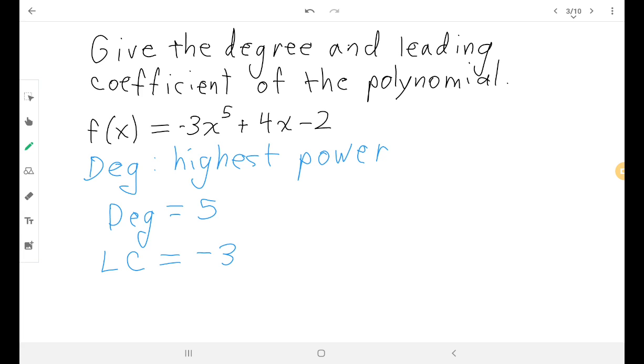Okay? One thing that you should be careful of, a note here, that you need to be cautious about, is that negative and a minus sign are the same thing.